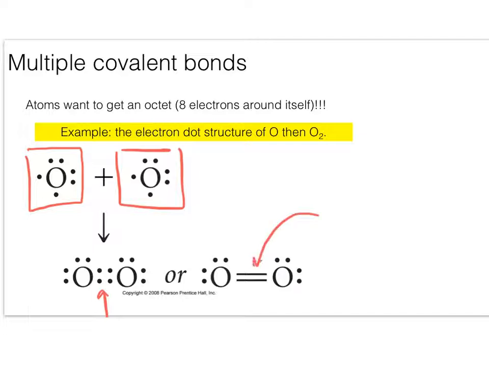So this is a double bond right here. And as before, it does this because in this case you can see you can have the 8 electrons that are being shared. And we have another 8 electrons right there that are also being shared.